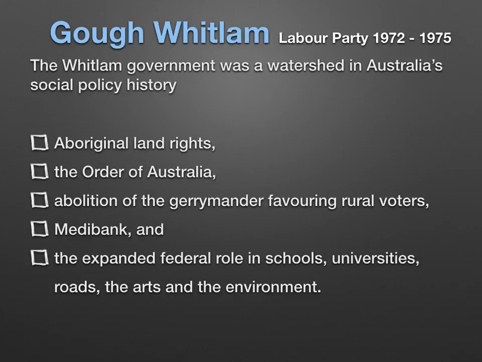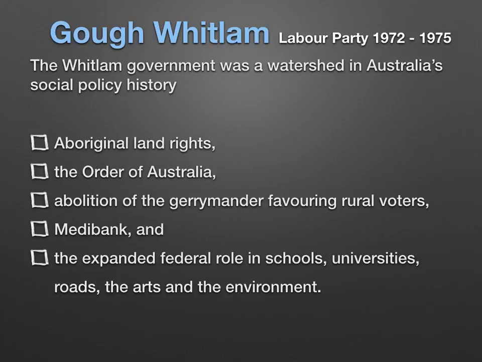So Gough Whitlam was the leader of the Labor Party in government from 1972 to 1975, and this government was a watershed in social policy history. For these reasons, we suddenly had Aboriginal land rights, the Order of Australia, and the abolition of the gerrymander favouring rural voters.